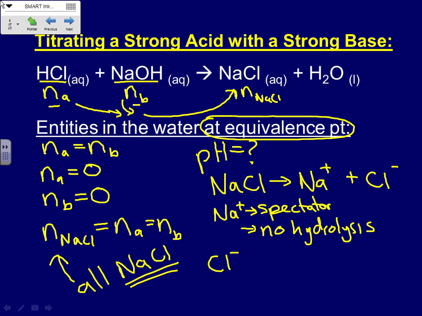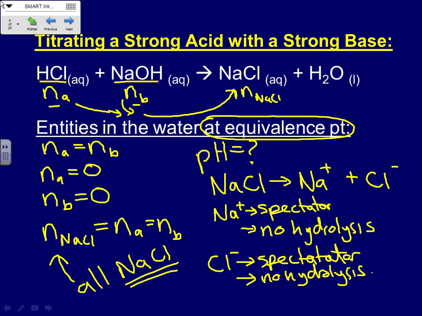What about the chloride ions? Chloride ions come from a very strong acid, HCl, which makes them a super weak conjugate base. And if we have a super weak conjugate base, remember, it's also a spectator. There is no hydrolysis there.